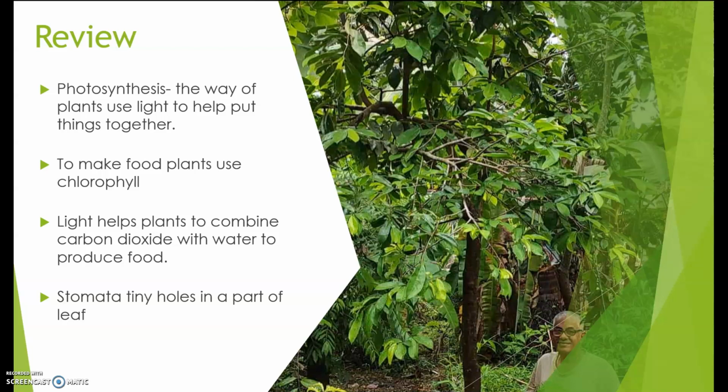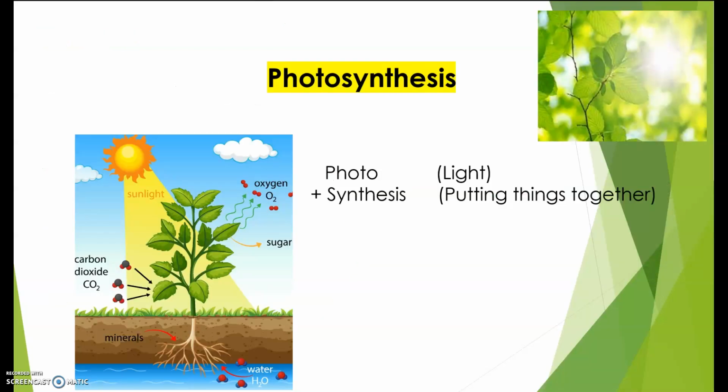Also, stomata are tiny holes in a part of the leaf that release oxygen and water. Okay, let's talk about it again for our review. If you have your books, please open them. We will talk about Unit 1, Plants.